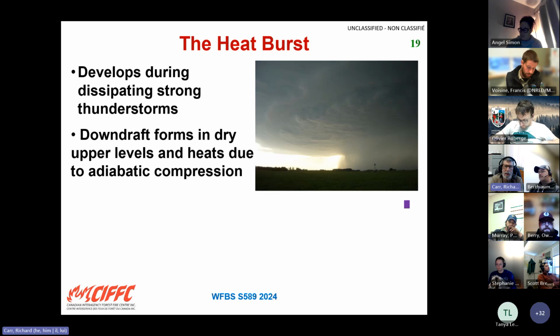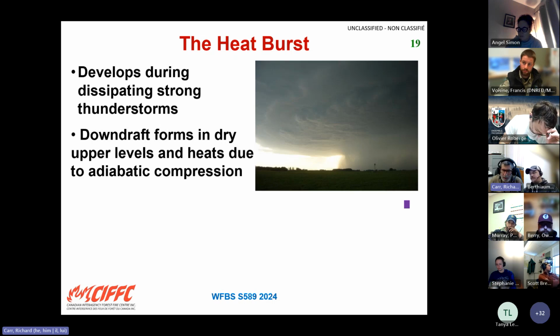Some of the things that happen with thunderstorms besides precipitation and winds is the heat burst. If you get the right conditions in a fairly strong thunderstorm that has reached its mature, dissipating stage, you can get these big downdrafts that form in fairly dry upper levels, and they'll sink and heat due to adiabatic compression, so there is sinking and heating.